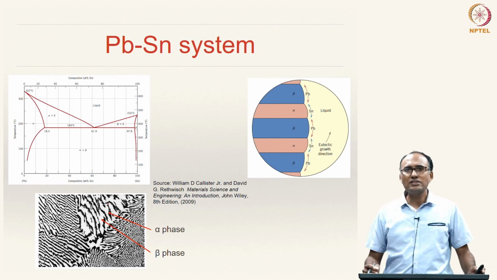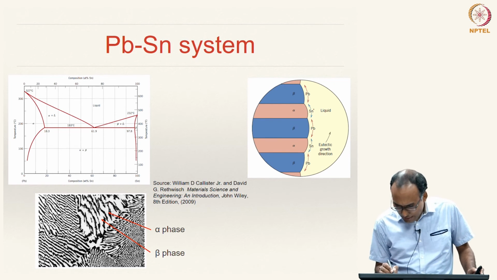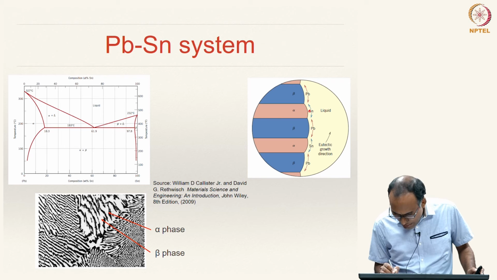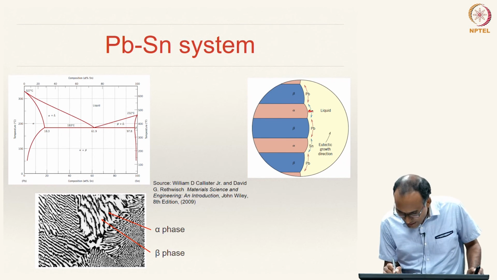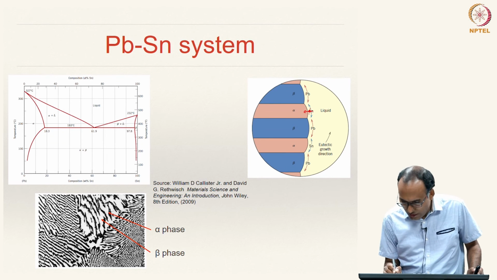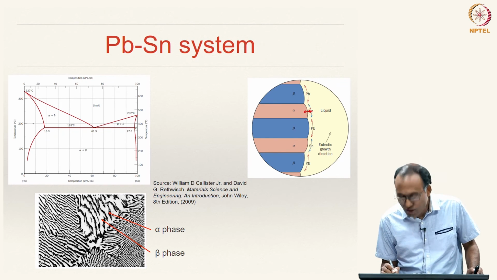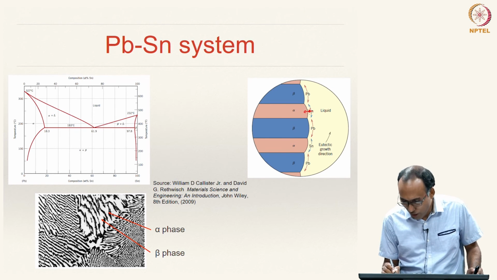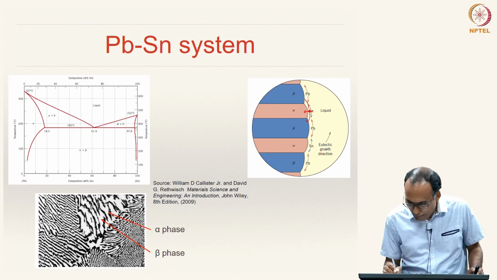So, why do these alternate layers of alpha and beta form? As we have discussed, let us say a liquid here has a certain composition and is solidifying as alpha. The surrounding liquid becomes richer in beta, or richer in B, and instead of forming this B elsewhere, it is much easier for B to travel to the neighboring grains.